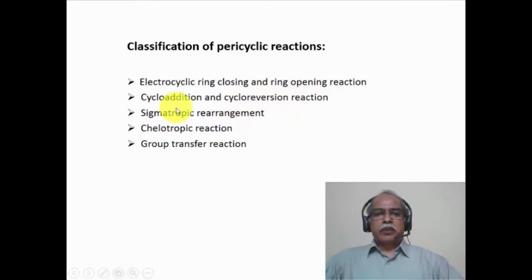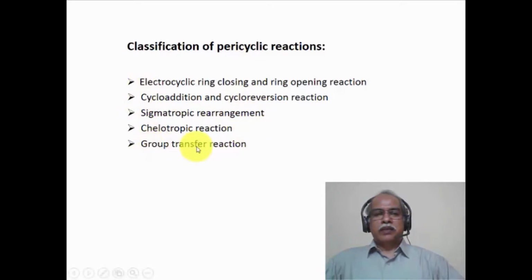Then comes the sigmatropic rearrangement, where a sigma bond is broken and then subsequently a molecular rearrangement takes place during the course of the pericyclic step. The fourth kind of pericyclic reactions are the cheletropic reactions. Here small molecules like carbon monoxide, carbon dioxide, nitrogen and so on are eliminated during the course of the pericyclic reaction.